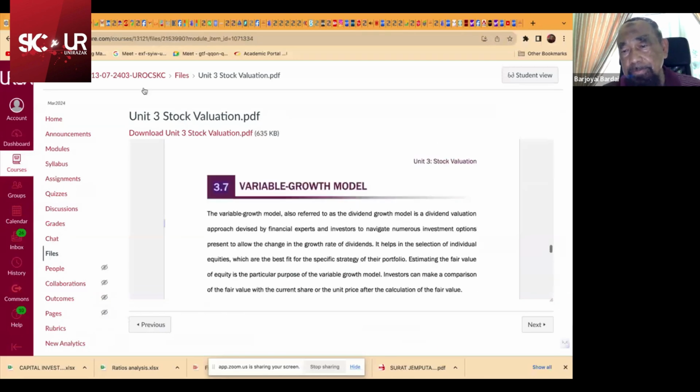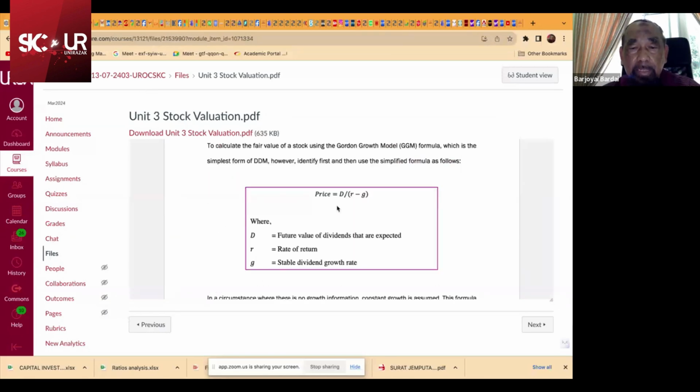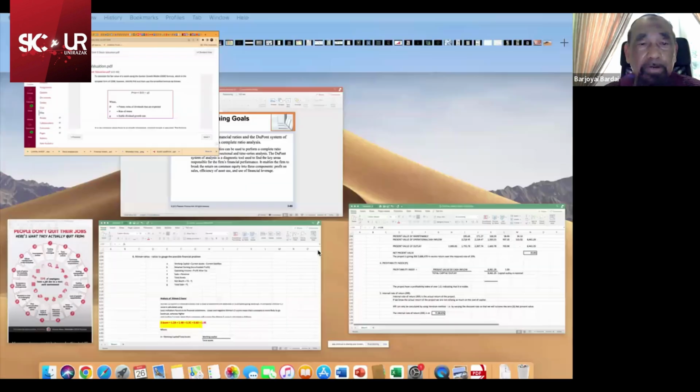The share price is dividend divided by rate of return, which is the cost of capital, minus the growth rate.